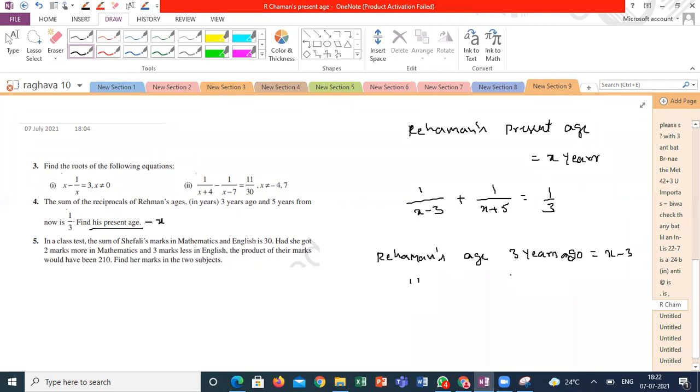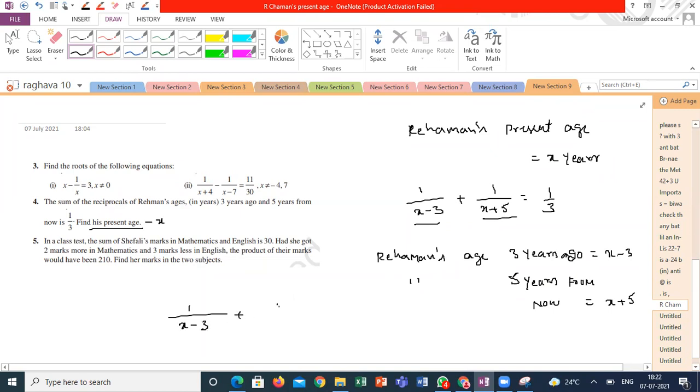Same, 5 years from now is x plus 5. According to the given, the sum of the reciprocals is 1 by 3. So 1 by x minus 3 plus 1 by x plus 5 is equal to 1 by 3.